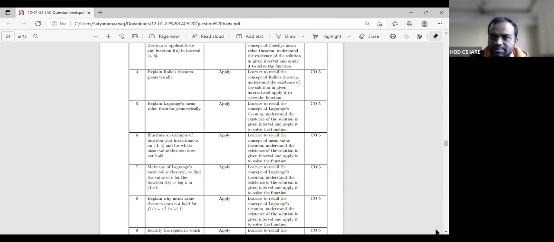The tangent is parallel to the chord, and the slope gives f dash of c is equal to f of b minus f of a by b minus a.